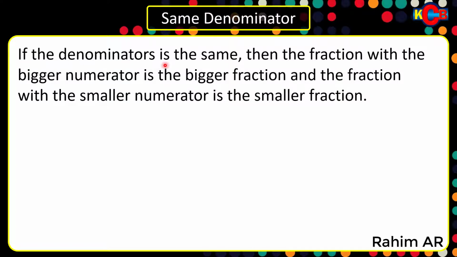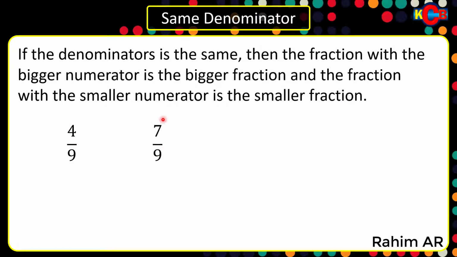If the denominators are the same, then the fraction with the bigger numerator is the bigger fraction, and the fraction with the smaller numerator is the smaller fraction. Here, 4/9 and 7/9.